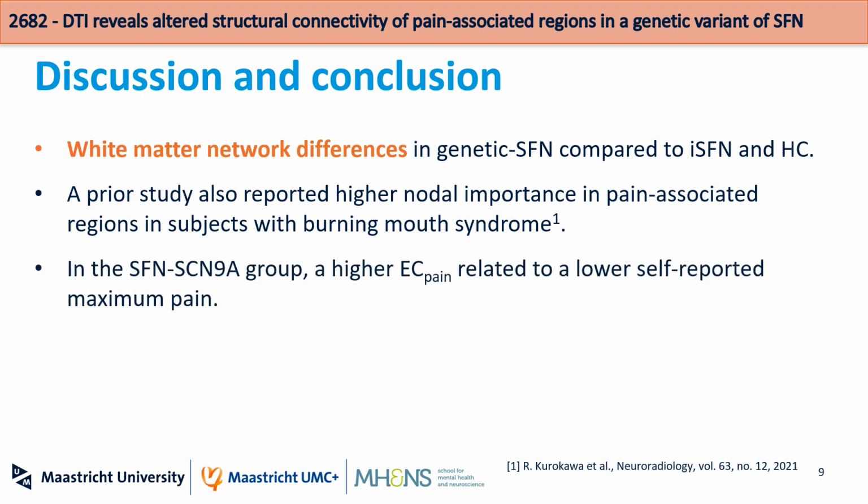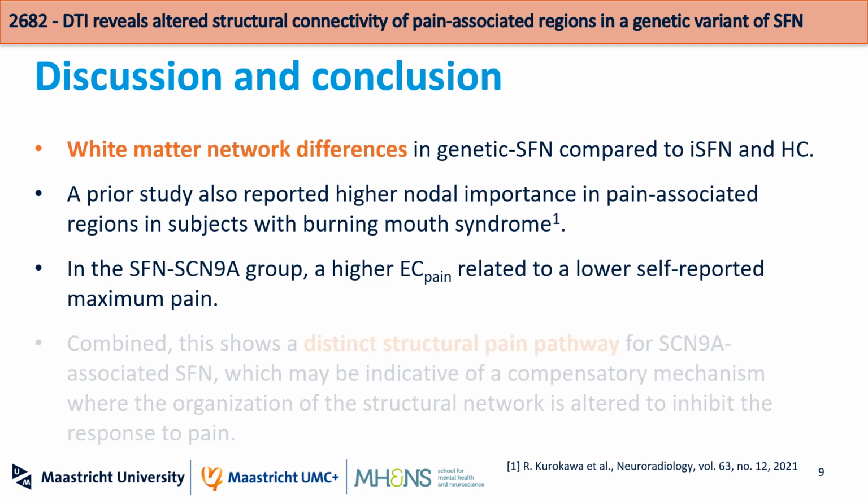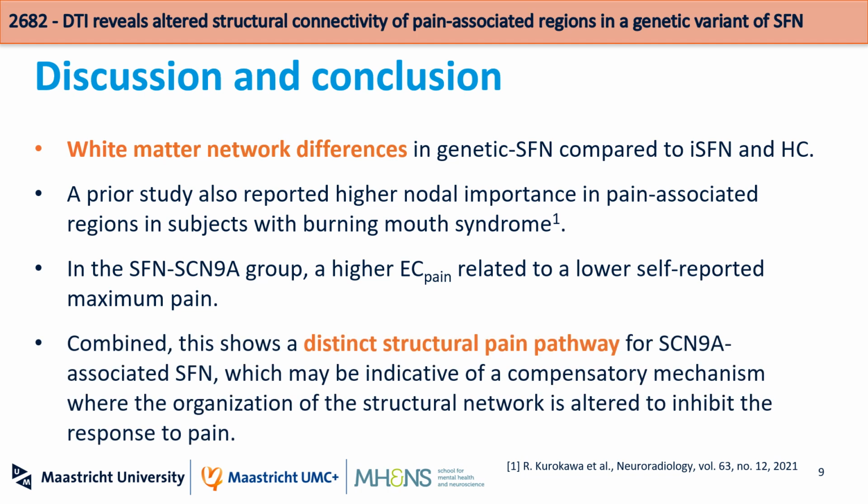In the genetic group, we find that the self-reported maximum pain is associated with lower eigenvector centrality of the pain-associated regions, and combined, these two results bring us to the conclusion that there is a distinct structural pain pathway for the genetic group compared to the idiopathic group, which might be indicative of a compensatory mechanism.